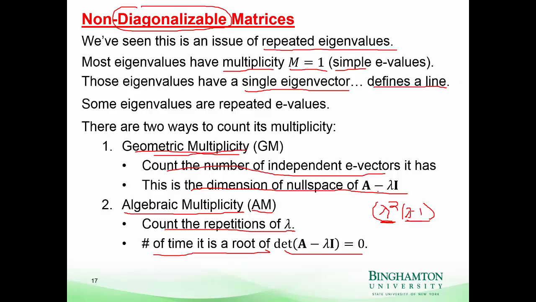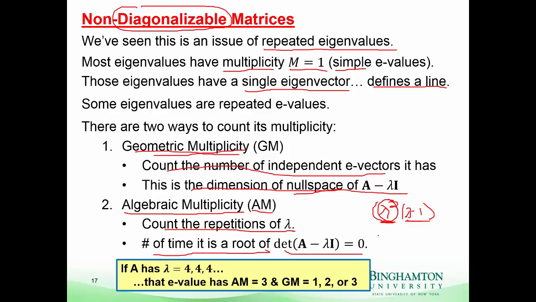In this case, we would plug in 0 once and check the dimension of the null space. We don't have to plug it in twice. The most I could have is 2 independent eigenvectors. I might only end up with 1. The dimension of the null space might be 1, but it could be 2. It's going to be one or the other.